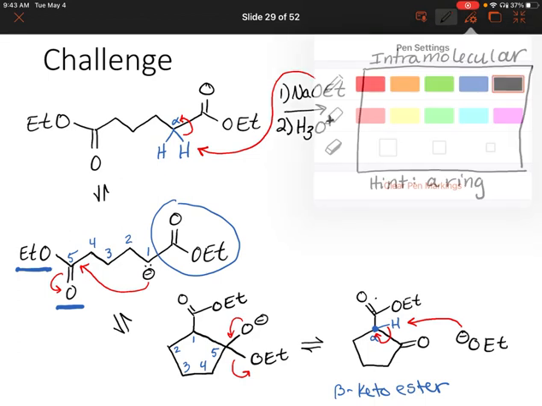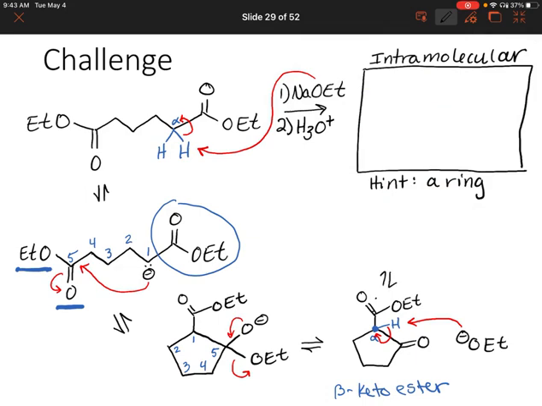Let's see. Oh, I'm running out of room. Let's see if I can fit this in here. All right, so we've got a negative charge on that carbon. So in the last step, we're just going to react that with acid to reprotonate that.